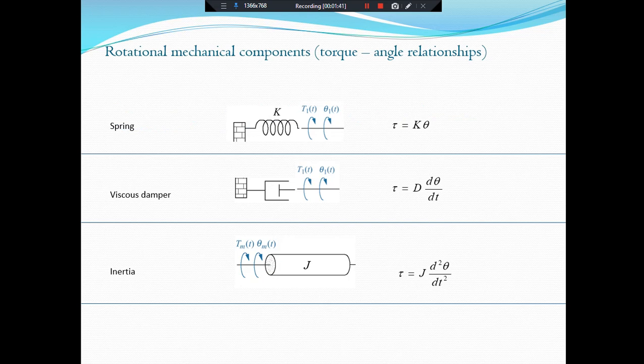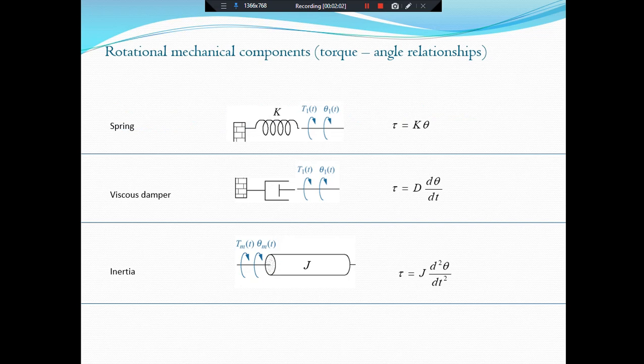In front of their symbols, we have written the relation between the torque and angular displacement. It's the same as what we studied between force and displacement, and here it's between torque and angular displacement.